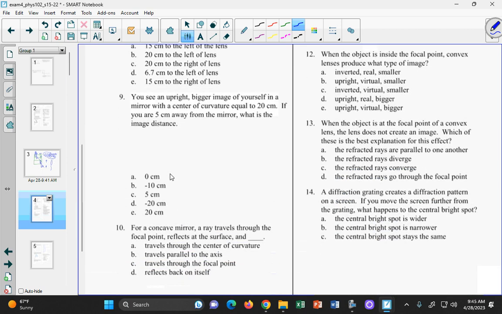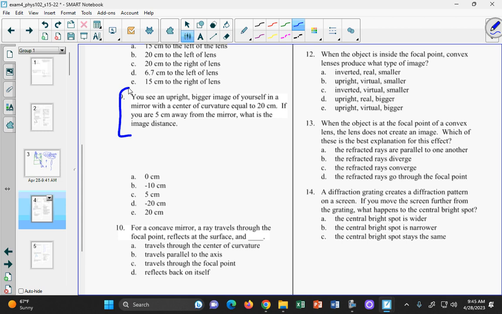You're going to have, gosh, 5 or 6 just using the mirror or lens equation where you're having P and Q and you have to find F. On those, you need to be careful about the sign that you use. So just be careful. Make sure you know what kind of mirror you're using. For example, here I see an upright virtual image of myself.